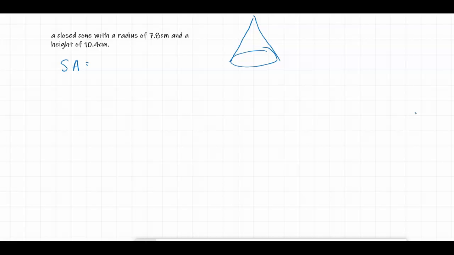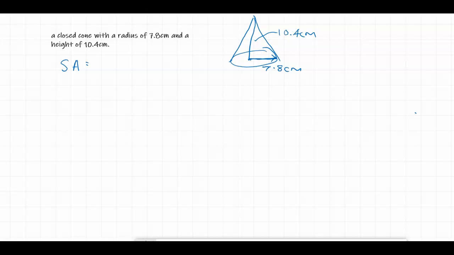Let's say the radius here was 7.8 centimeters, this section here. And the perpendicular height, this is the height of the cone, is 10.4 centimeters.